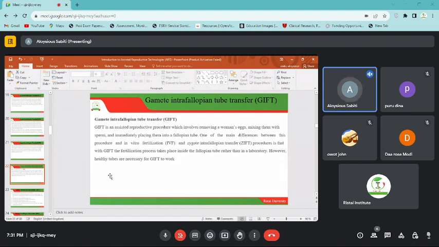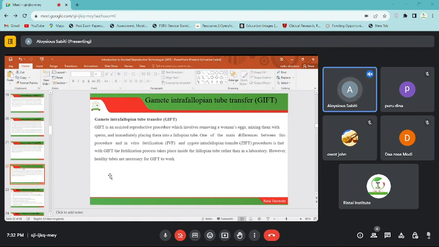One of the main differences between this procedure and in vitro fertilization and zygote intrafallopian transfer is that with GIFT, the fertilization process takes place inside the fallopian tube rather than in a laboratory. However, healthy tubes are necessary for GIFT to work.